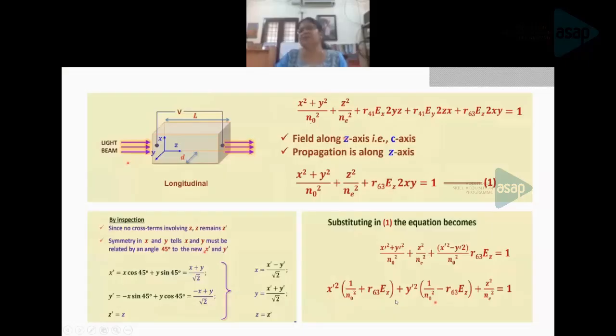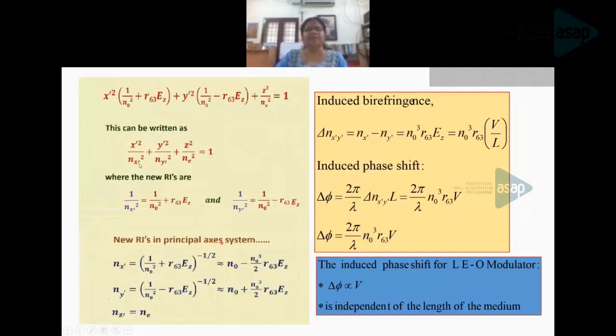Now, from this, that is 1 by nx prime square equal to this. So you can find out what is nx prime square or nx prime. And from this, you can find out ny prime. Nx prime is actually this raised to minus 1 by 2. Okay, this raised to minus 1. Expand this equation, and you can approximate this with the first term.